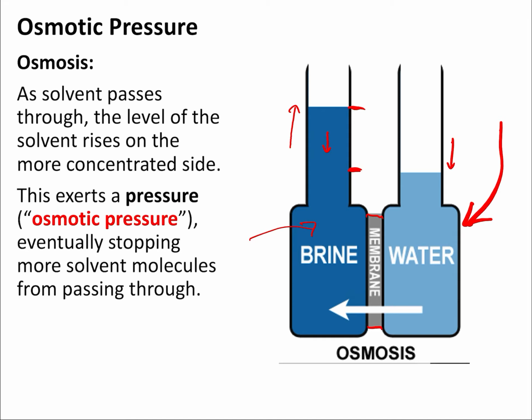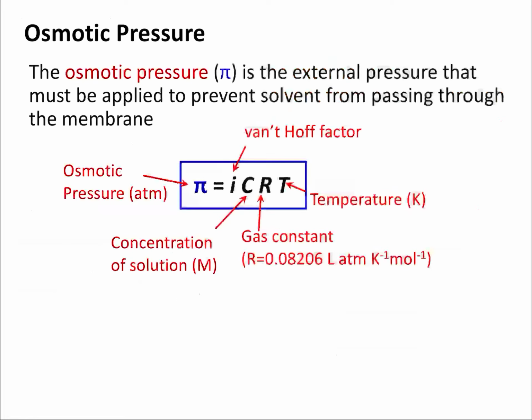In fact, if we took a piston and pushed down and compressed that side, we could actually reverse osmosis to go in the opposite direction. This osmotic pressure, the pressure required to stop osmosis, is given the symbol pi, and it can be calculated for a system by this equation right here.